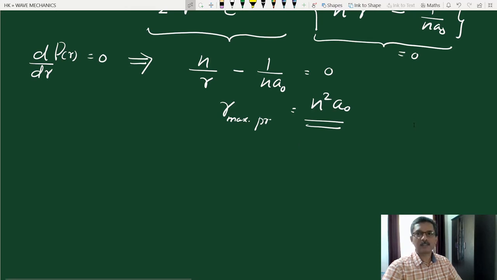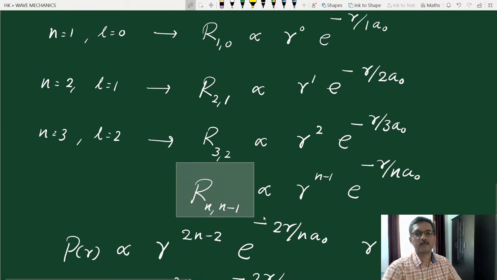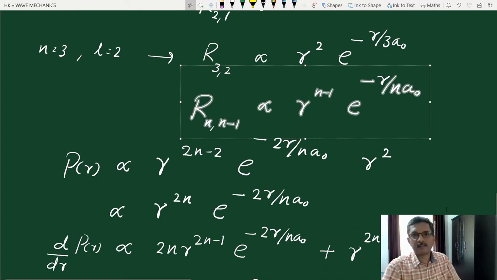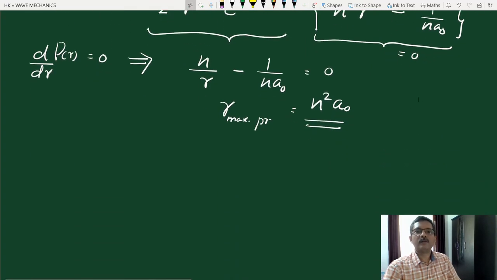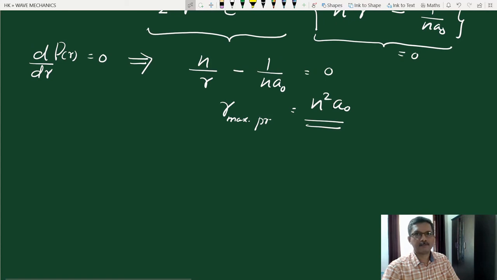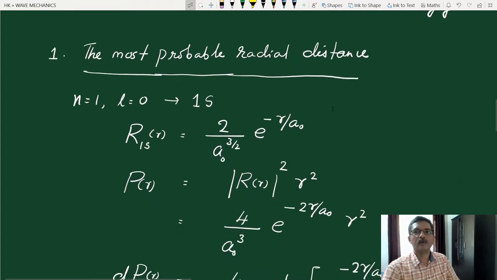This result comes because of the symmetry in the radial wave function. Not all radial wave functions, but for a given n, the radial wave function for the highest angular momentum state, that is L equal to n minus 1, shows this type of symmetry, r raised to n minus 1 e raised to minus r by n a0. That is why, if you do this calculation, you get n square a0 as the most probable radial distance. This is the first feature of the radial probability that we wanted to explore.